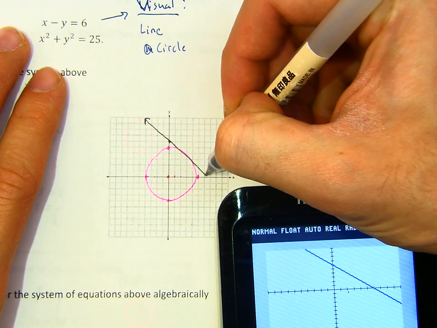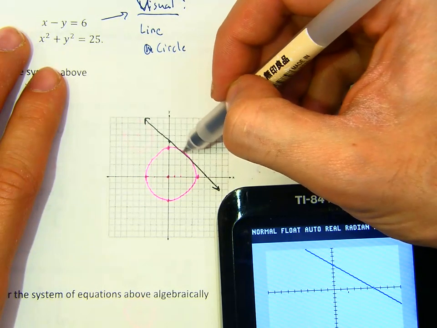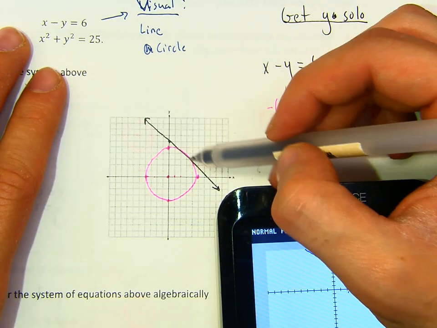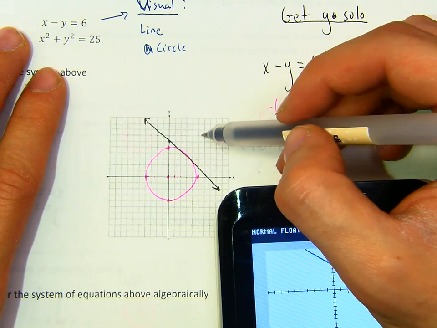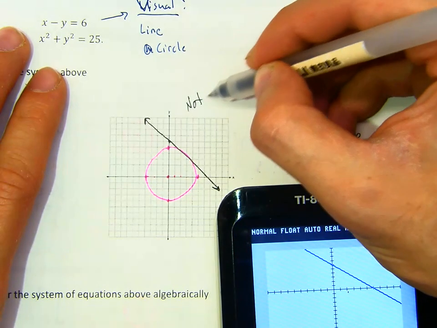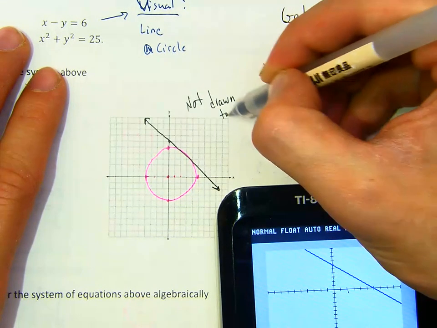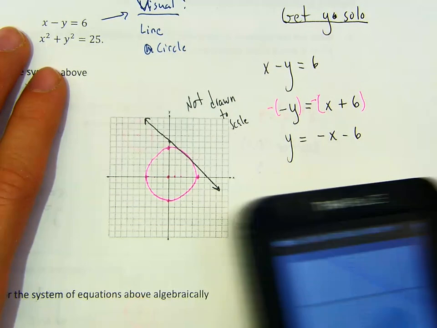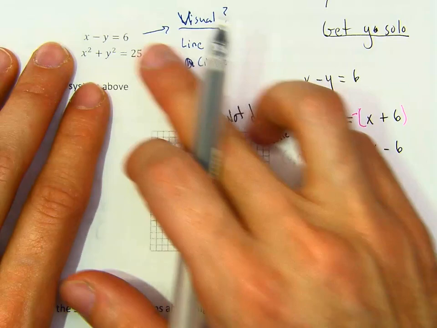So we don't know 100% if there's an intersection or not. This is not drawn to scale. So let's see what would happen if we try to find the solution.